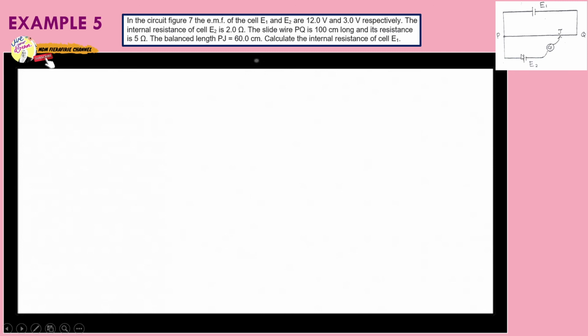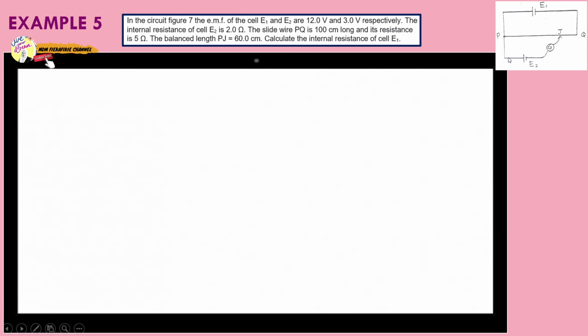Still, when the galvanometer is at the balance point, when IG is equal to 0, the potential difference VPJ will be equal to EMF2, the voltage across here, because EMF2 is also the voltage across the internal resistance.